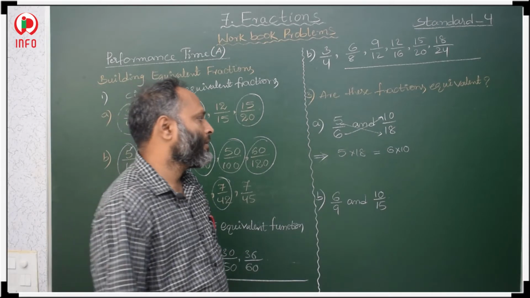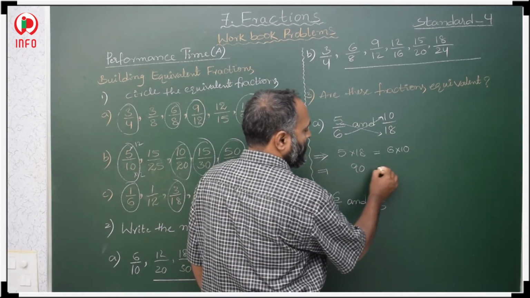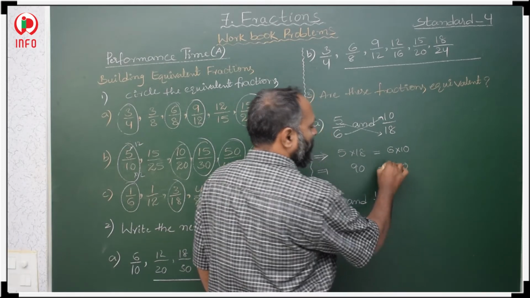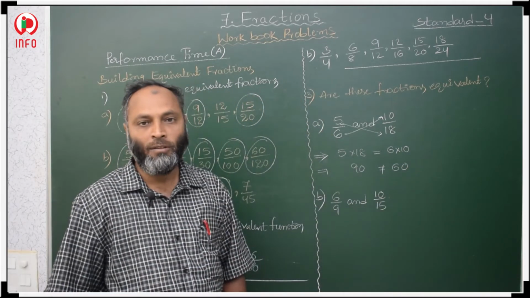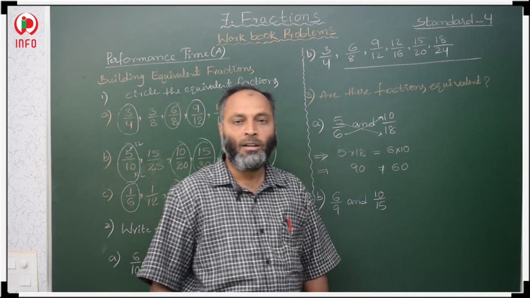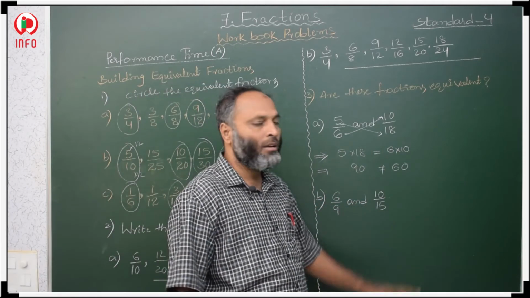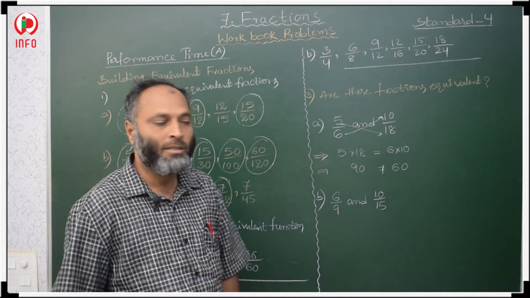Now you have to check. 18 fives are 90. 6 tens are 60. They are not equal. If they are not equal, they are not equivalent fractions. These two fractions are not equivalent fractions.